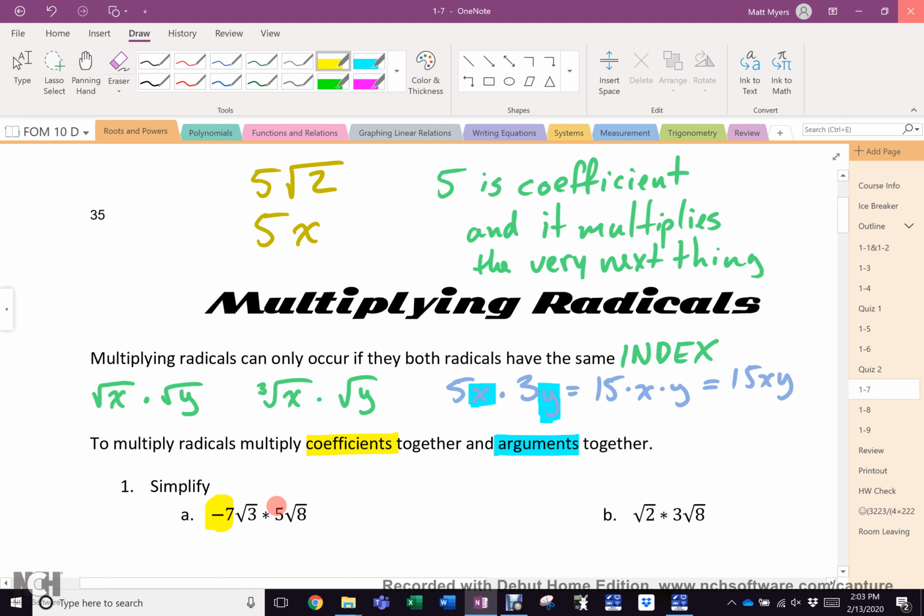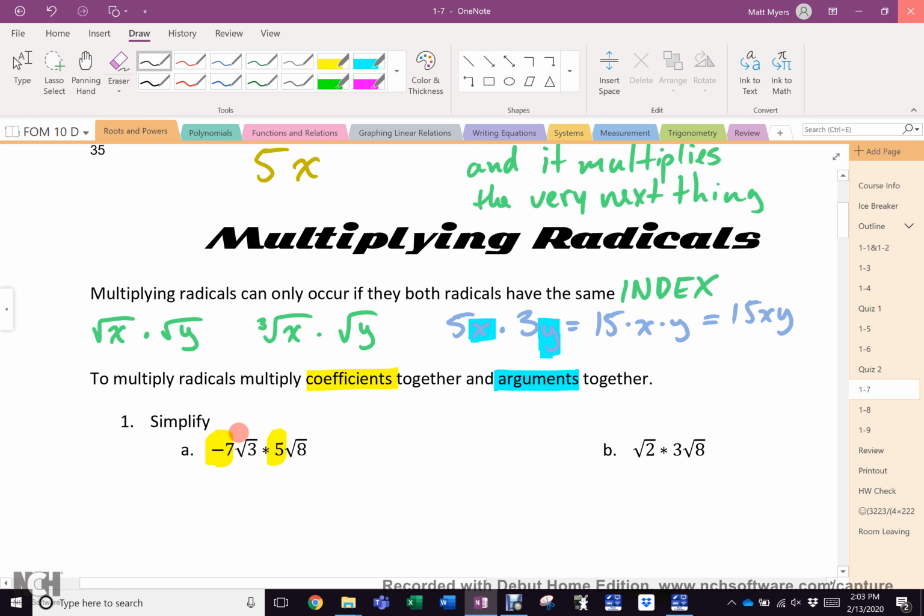What are the coefficients, which I will highlight with yellow? -7 and 5. So the first step to multiplying these is to multiply the coefficients. What is -7 times 5? -35. Then the next step says multiply the arguments. Well, the arguments are what's attached to a coefficient, right?